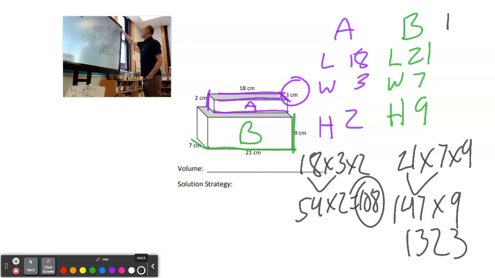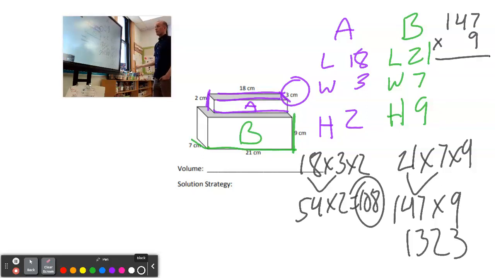Why did I just do it here? 147 times 9. Sometimes I do math quick in my head and I think I'm right, but you know, I might not. 3, 6, 36, 6 is 2, 4, 9, 3. Oh, 1,323.